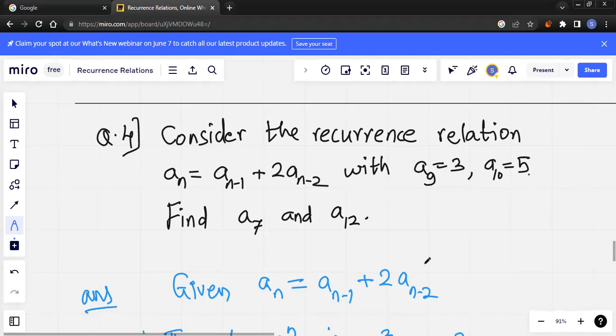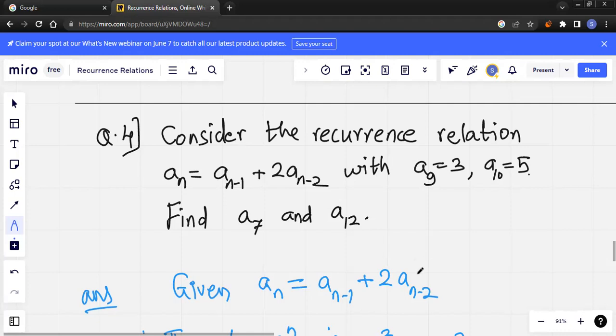They are mentioning the 9th term and 10th term directly, and they are asking you to find a7 and a12. You can see a7 is before a9 and a12 is after the condition. So let us see how to solve such questions.